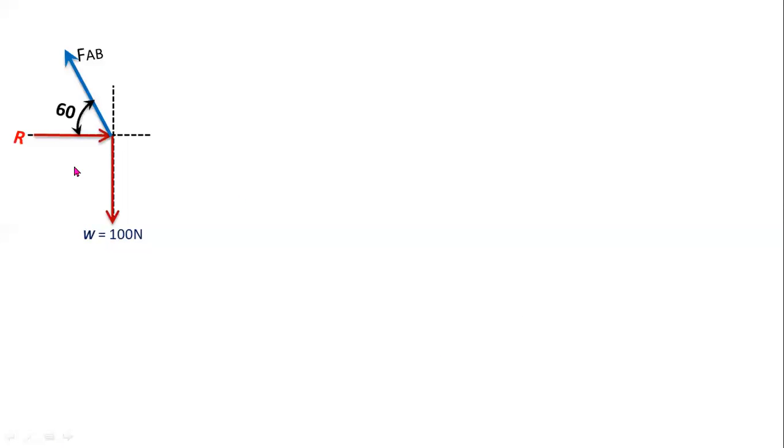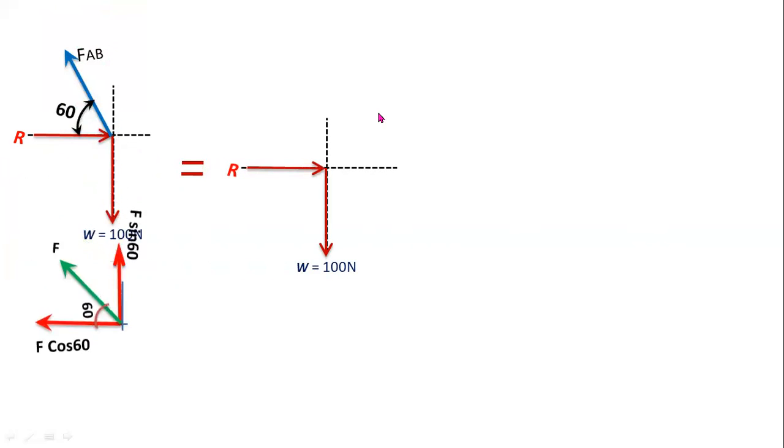So now you have to convert this free body diagram into a vertical and horizontal forces diagram. I consider this vertical force as it is and the horizontal force also as it is. Now you have to convert this inclined force into horizontal and vertical components.